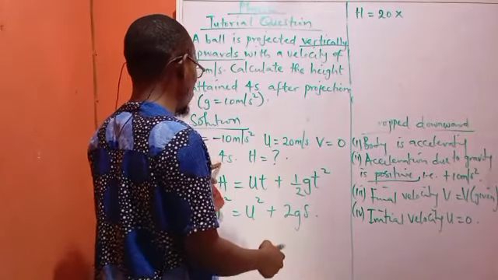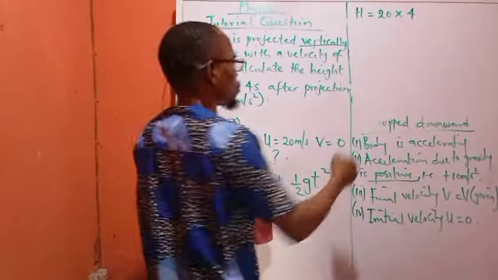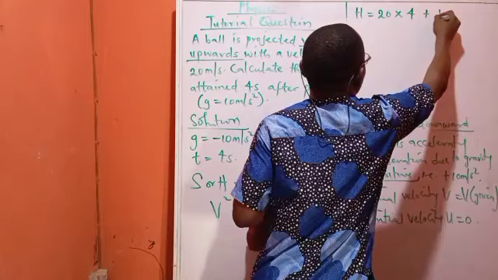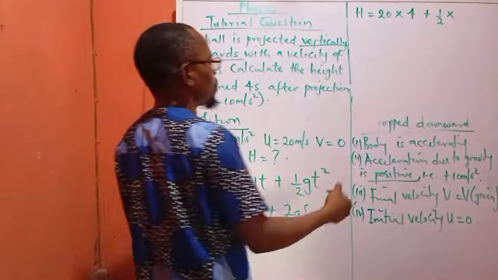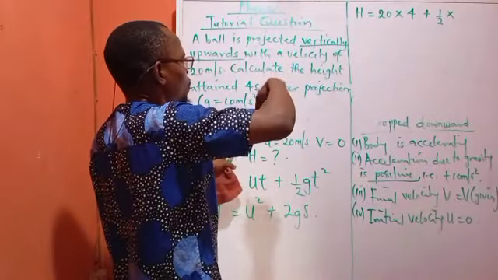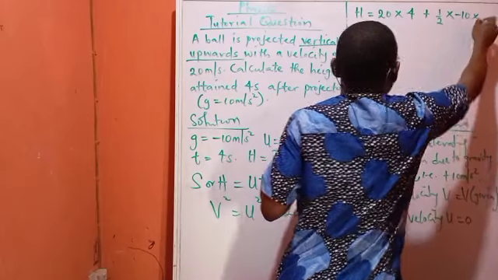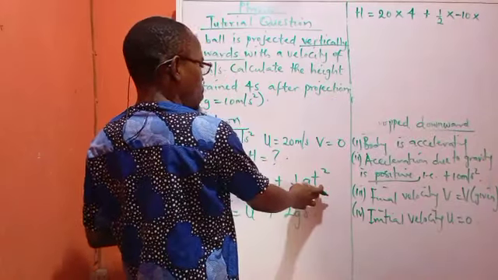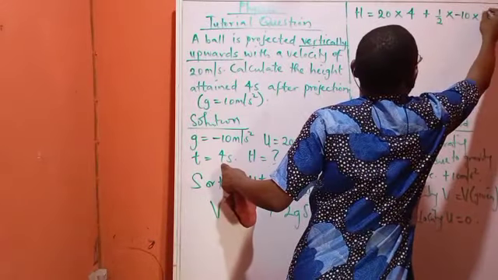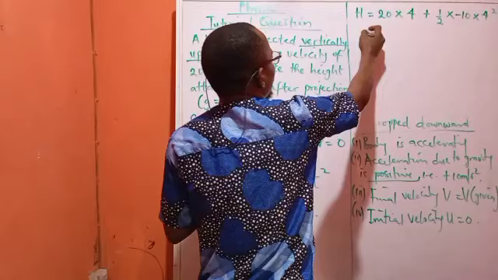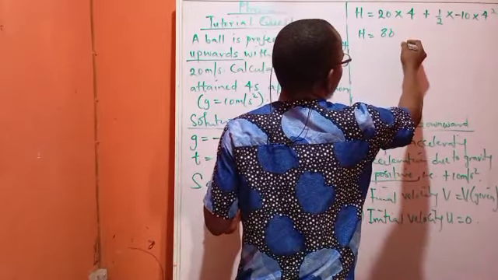Our time given there is 4, so times 4, plus 1/2 times our gravity, which is minus 10, because the body is thrown vertically upward, so it will be minus 10, times our t, which is 4, so 4 squared. Okay, so our h will now be 20 times 4, that's 80.